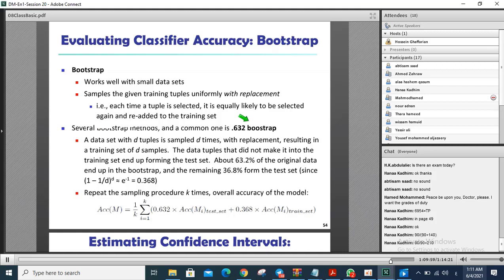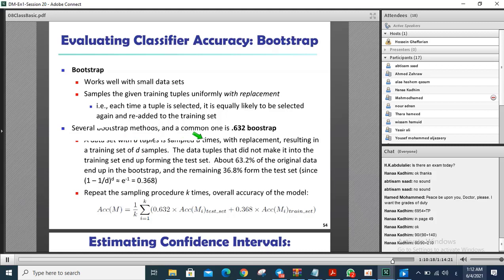There are different implementations of bootstrap methods, but one of the most common is the 0.632 bootstrap algorithm.